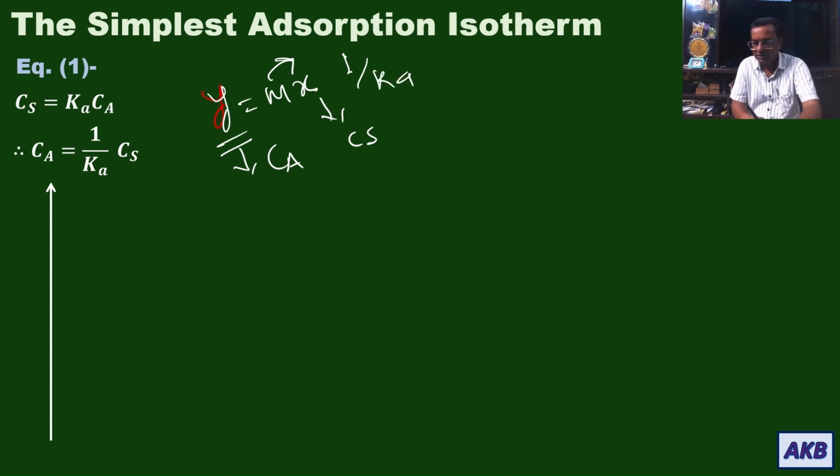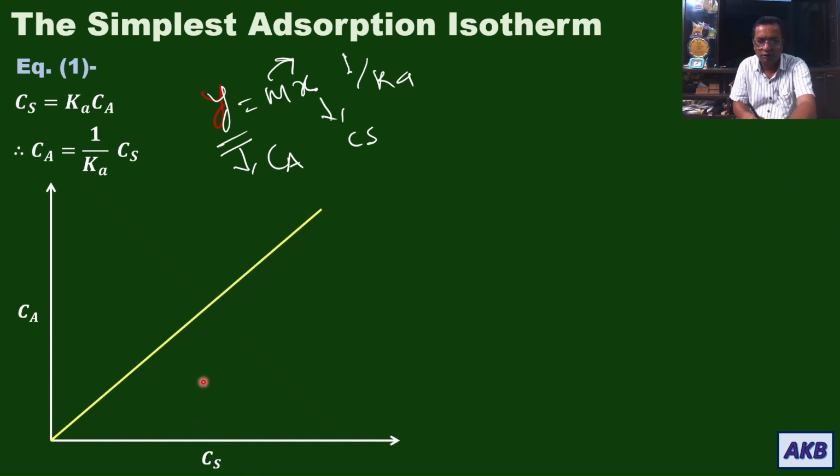So that means if you plot Ca on the y-axis and Cs on the x-axis, you'll be getting a straight line. The simplest adsorption isotherm would be a straight line that passes through the origin. The slope of this straight line is 1 upon Ka. So in this way, you can represent the simplest adsorption isotherm.